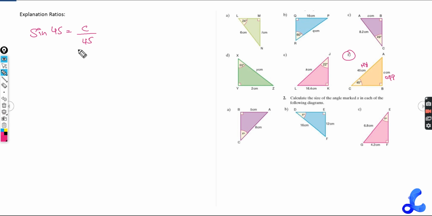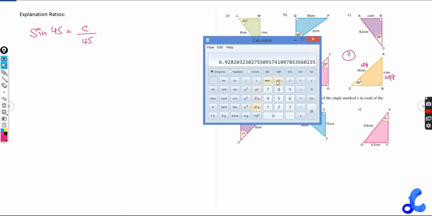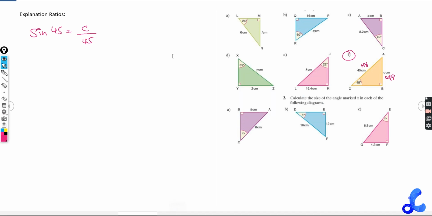So sine 45, I think sine 45 is 0.5, but let me check this over here just to be sure. Let me cancel this out. So sine 45 is 0.70, sorry, my bad.